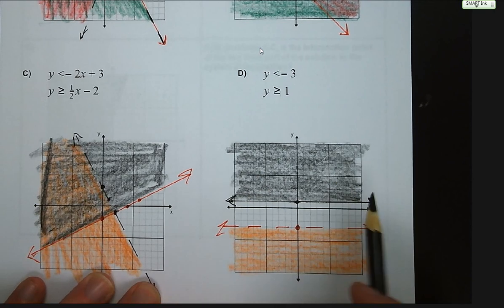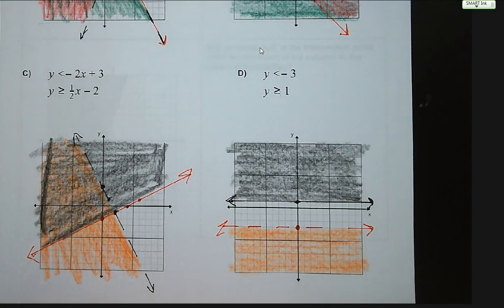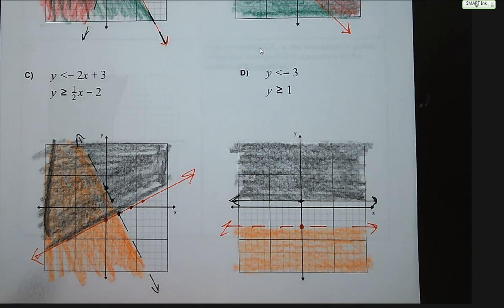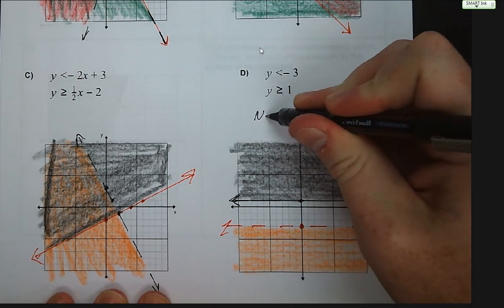Now, interesting. I told you guys that the solution to a system of inequalities was going to be the overlapping region, but this one doesn't have any overlapping region. So the answer on this one would be no solution.